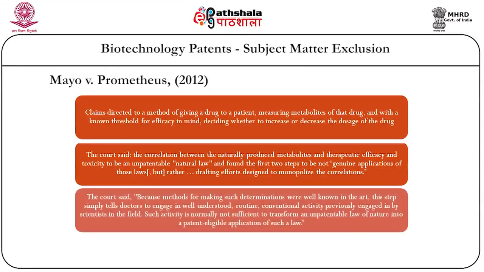Now the court was saying that because these methods for making such determinations were well known in the art, that is in prior art, this step simply tells the doctors to engage in a well understood, routine, conventional activity previously engaged in by certain scientists in the field. Such activity is not sufficient to transform an unpatentable law of nature, and the court seems to think that such correlation is a kind of unpatentable law of nature, and so it is saying that you cannot translate such an unpatentable law of nature into a patentable subject matter application of such law.